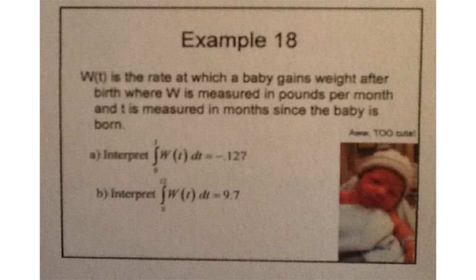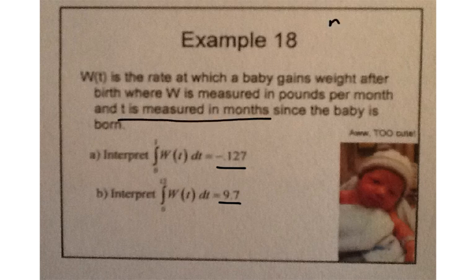So the question first of all is, we're not calculating an integral. They gave us the answer. They're just saying in terms of the problem, what does this mean? And so what are the units for these answers that they have here? Well, the independent variable is the t, which is in months.